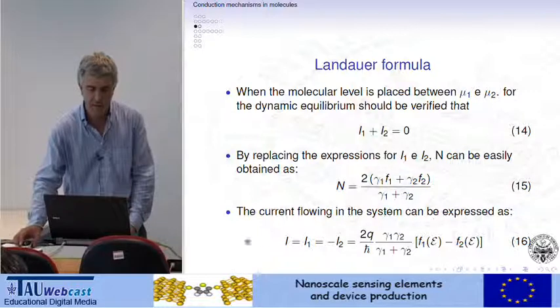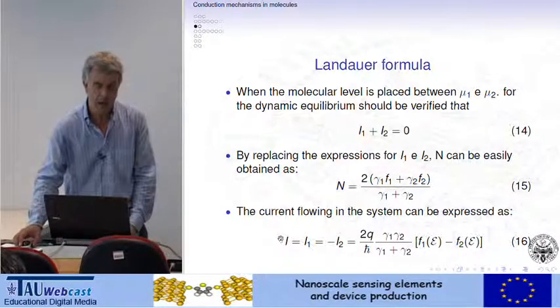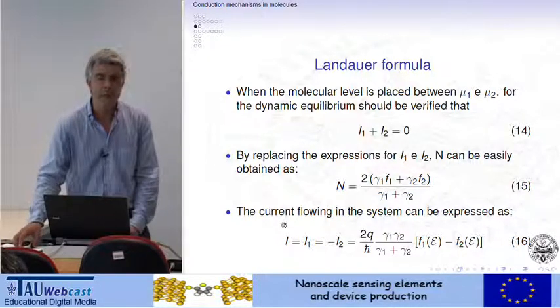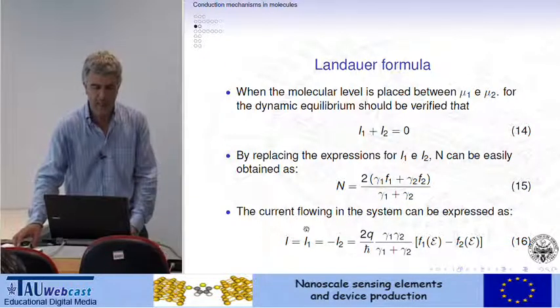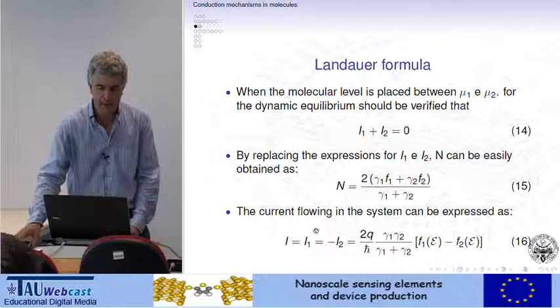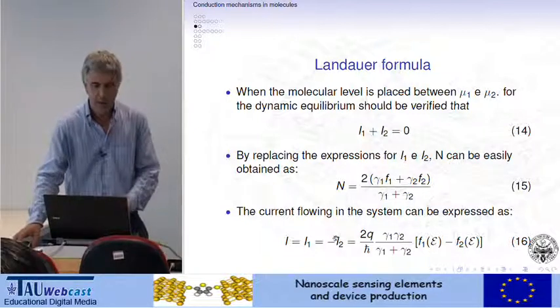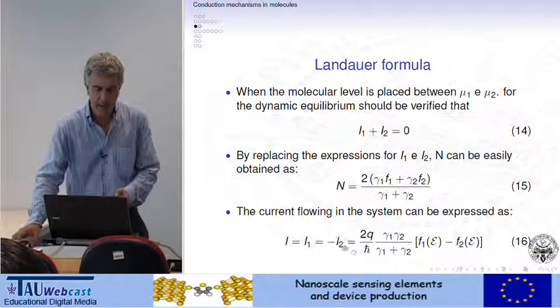This is a constant, and we can get the current. Probably it is too easy. Probably it is not enough to obtain a good result. But now we can try to understand just a little better how we can apply this formula.